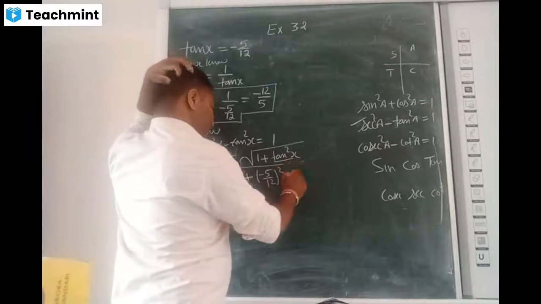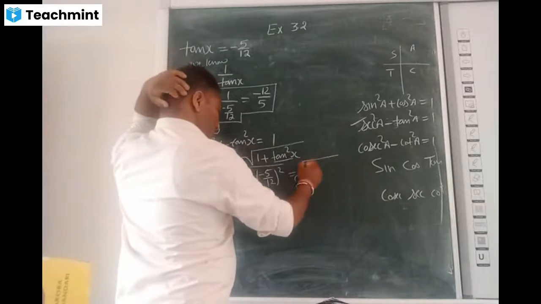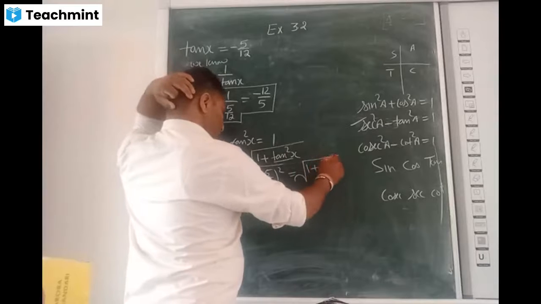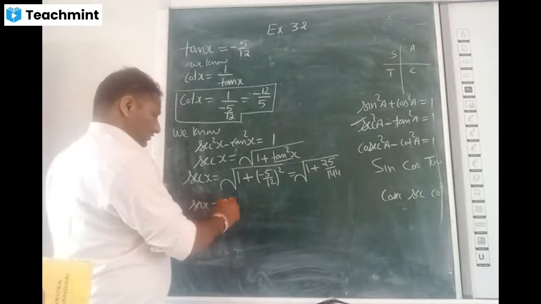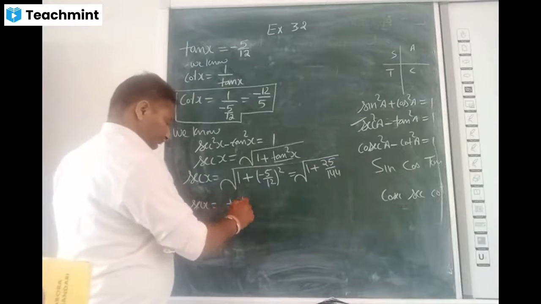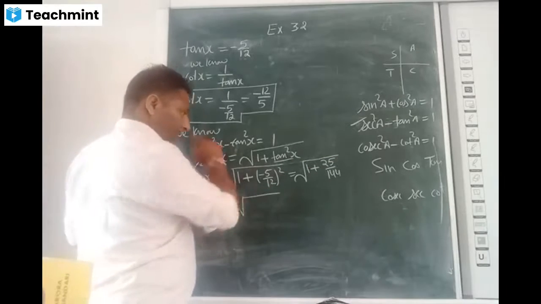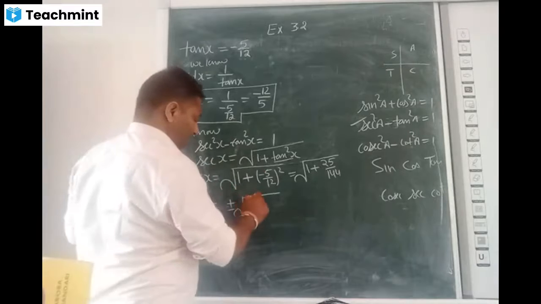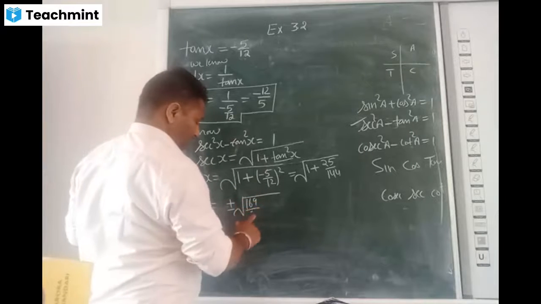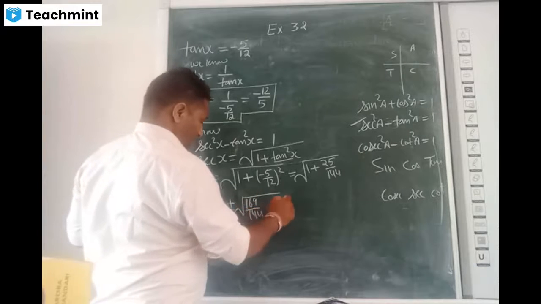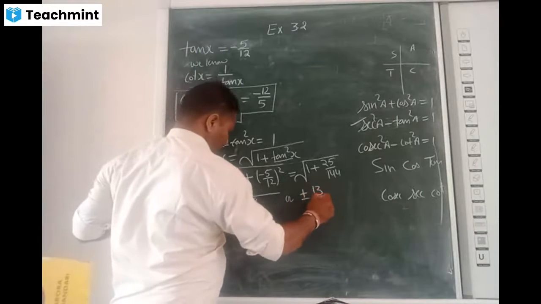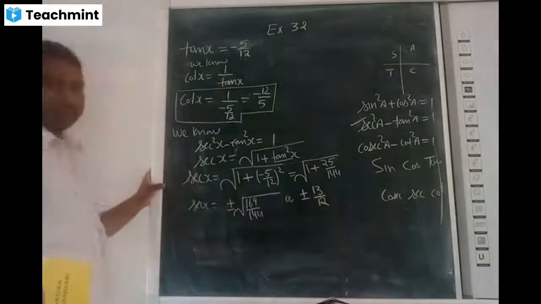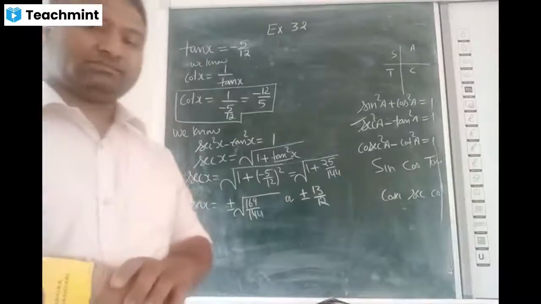So we can write it as under root 1 plus, that secant x comes 169 upon 144, or we can say plus minus 13 upon 12.